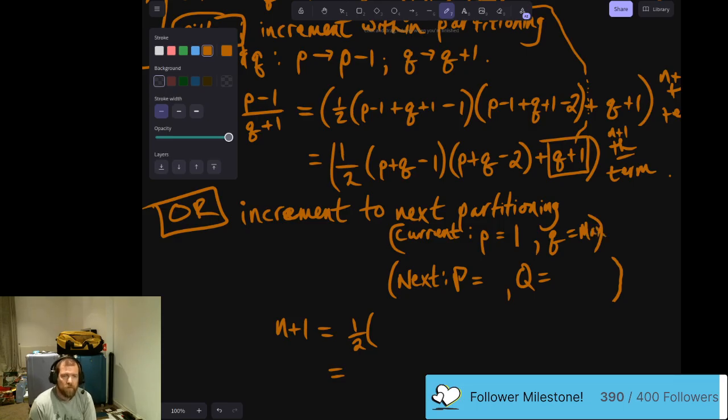Then, when we transition to the next partition, big P is now going to be little q plus 1, and big Q is going to be 1. Okay, so the next one is going to be P becomes q plus 1 plus q minus 1. Oh, no, no, no. Don't do that. Well, actually. No, the new q is going to be 1.